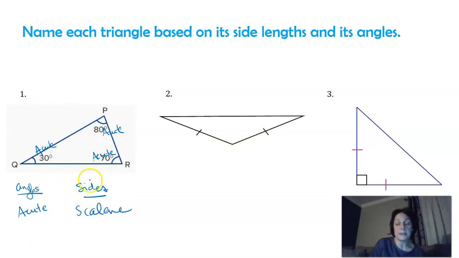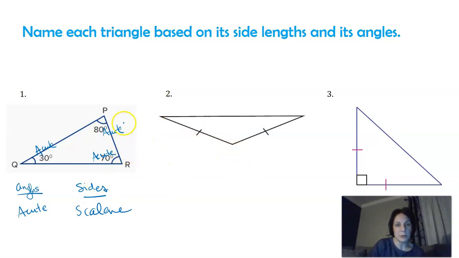We would call this an acute scalene triangle. It gets both names. All the angles are small, and the three sides have different lengths. It's possible to have an obtuse scalene, or a right scalene, so we have to make sure we give it both names.